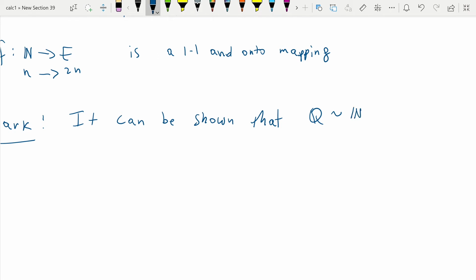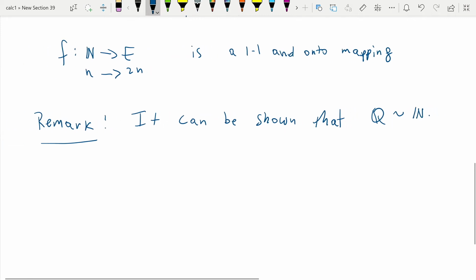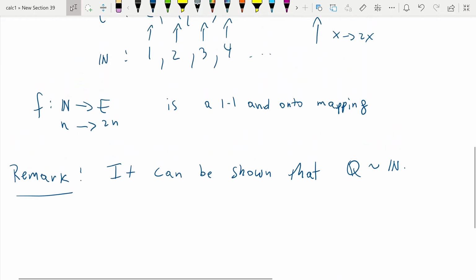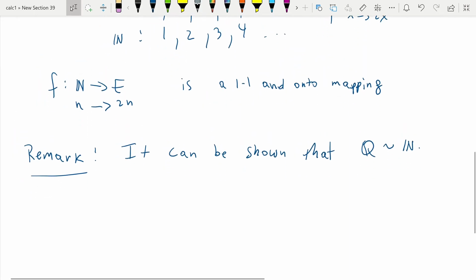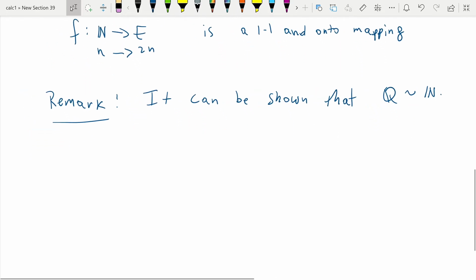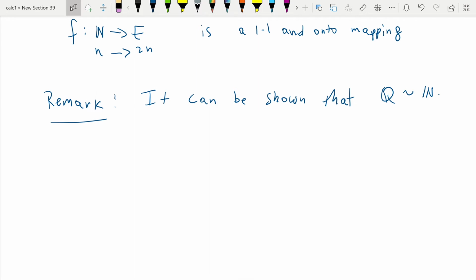The rational numbers and the natural numbers have the same kind of infinity. In fact, E, the odd numbers, Q, and all these sets exhibit the same kind of infinity. And in fact, this is the smallest kind of infinity that you encounter.